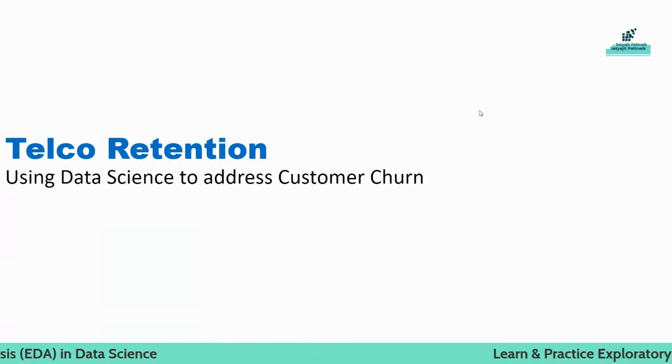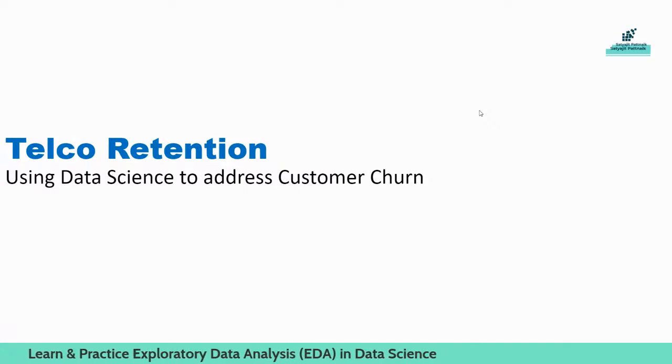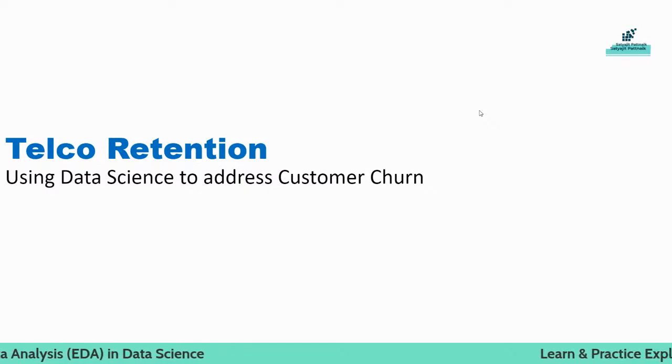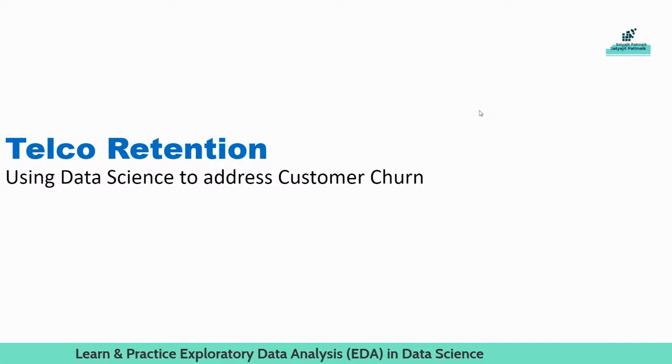So I'm already pissed off and have thought about leaving, and definitely I will leave the provider. It could be because of monetary reasons as well. Let's say in Vodafone I'm paying 999 rupees, and Airtel is giving me the same features for probably 499. So people will churn.